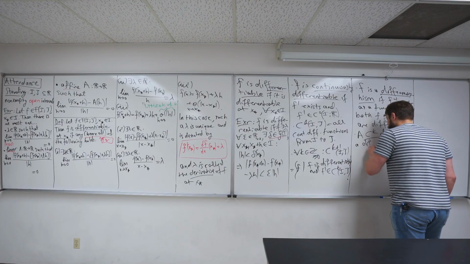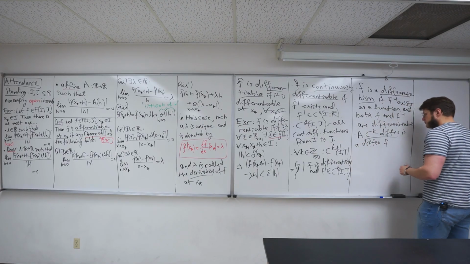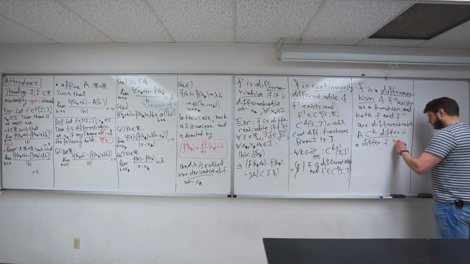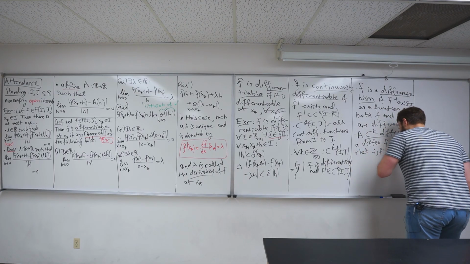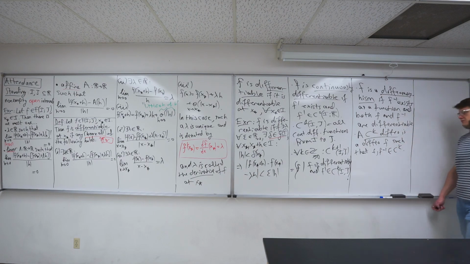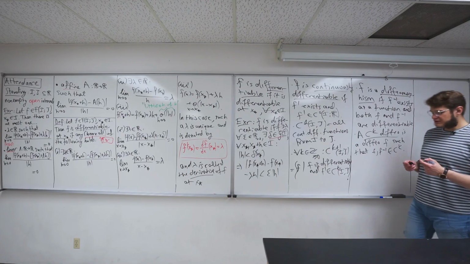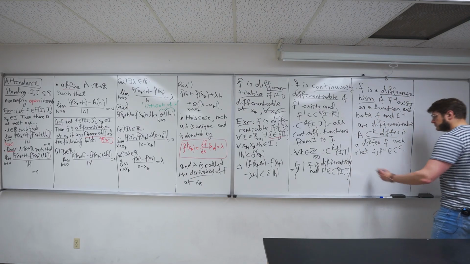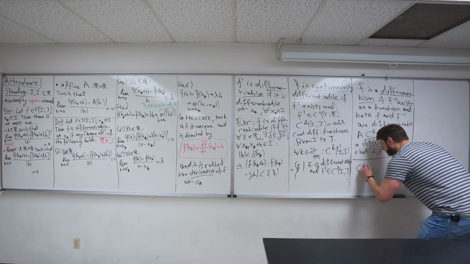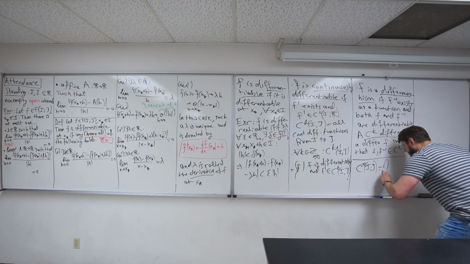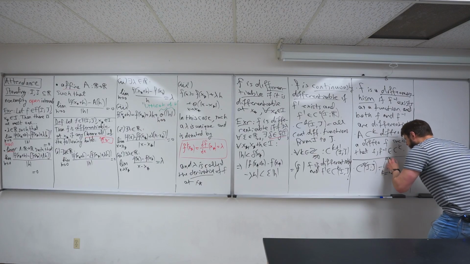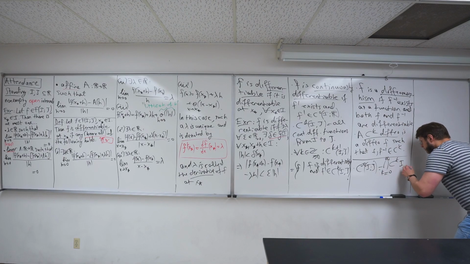A Ck diffeo is an f such that both f and f inverse are Ck. I'll add one more thing. You can take the intersection of all these k's to get C infinity. This is the collection of infinitely differentiable functions. I'll write it here: the intersection over k from 0 to infinity of Ck, I to J.